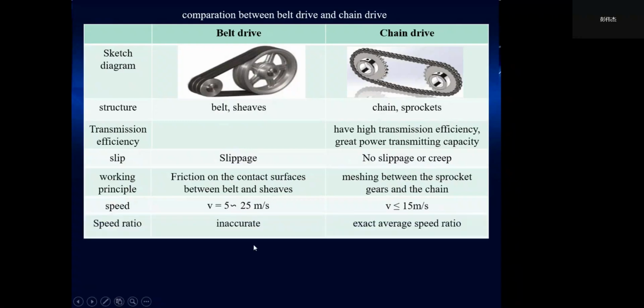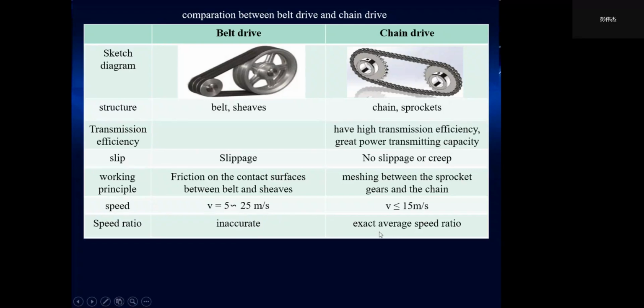Because of elastic creep, the speed ratio of belt drive is neither constant nor exactly equal to the ratio of two pulley diameters. Therefore, belt drives cannot be used where a constant output speed is required.